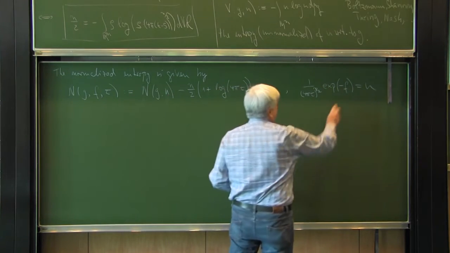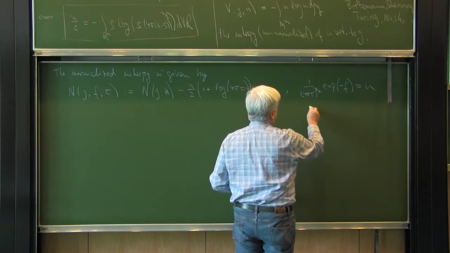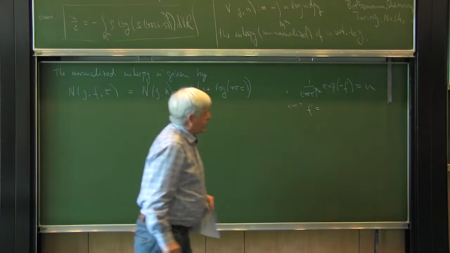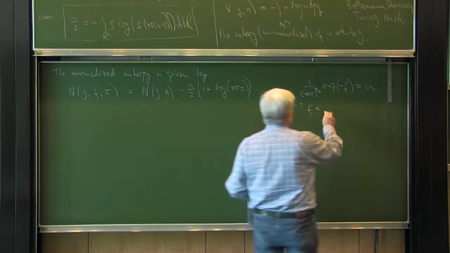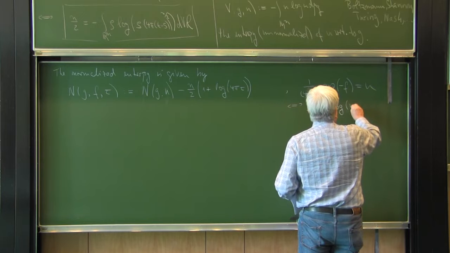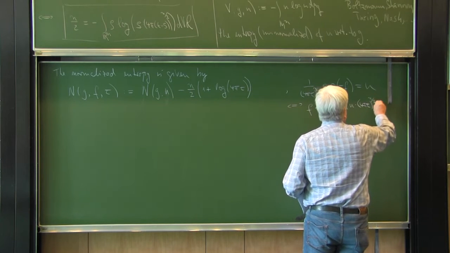So f is the negative logarithm of u up to this factor, so you can solve for f. This means that f related to u is given by minus the logarithm of u times (4 pi tau)^(n/2).